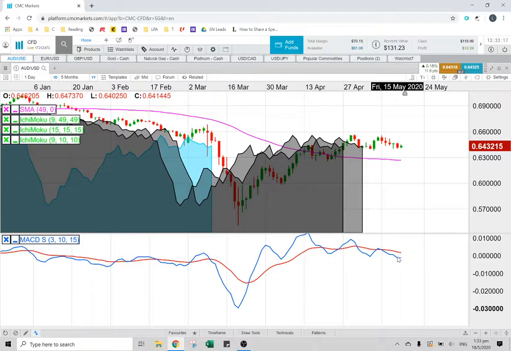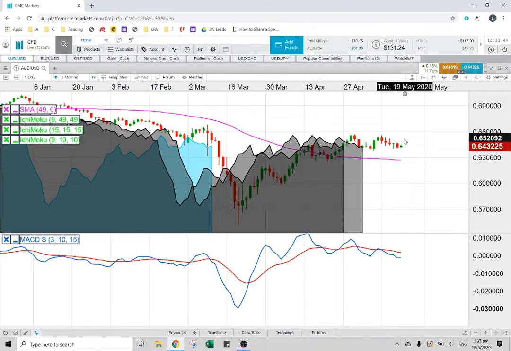Choppiness is still there, but I would say that probably in the next, let's see, 1, 2, 3 days. The blue line is actually a 3 days average of this, so it doesn't take much for the blue line to turn up.